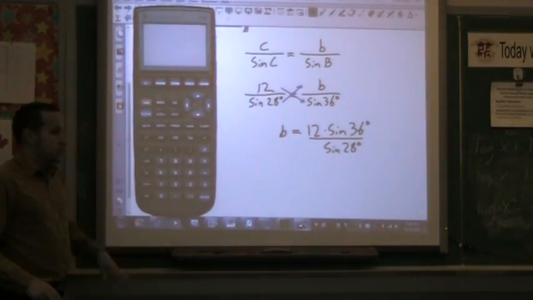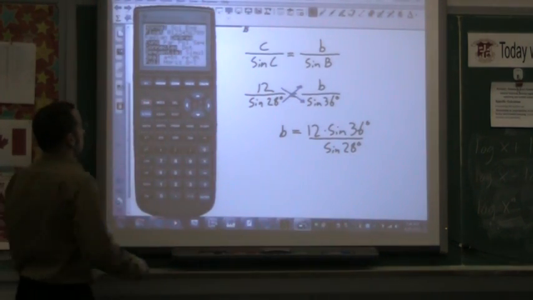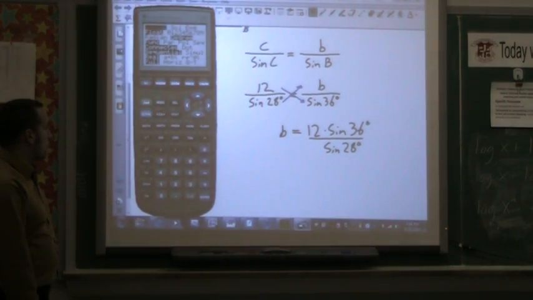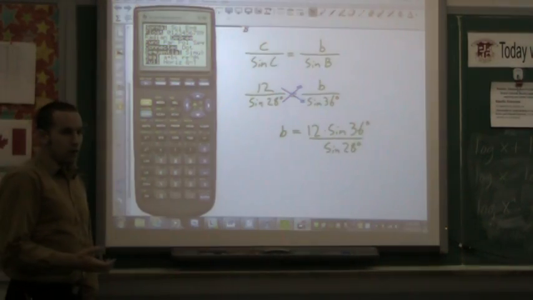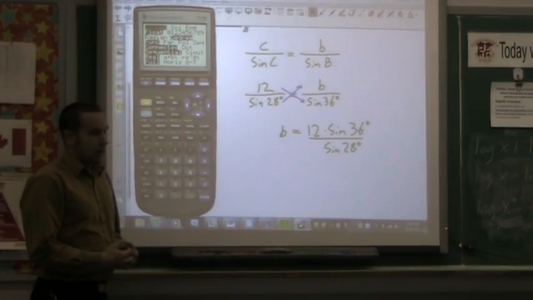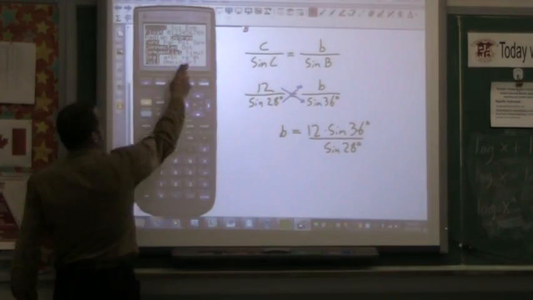And with these TIs, a real quick note: you have to go into the mode button and make sure you're in degrees, or else this calculator won't do proper calculations. It's the same if you're using a regular store-bought calculator: make sure it says degrees at the top and not radians. Mine's already in degrees.